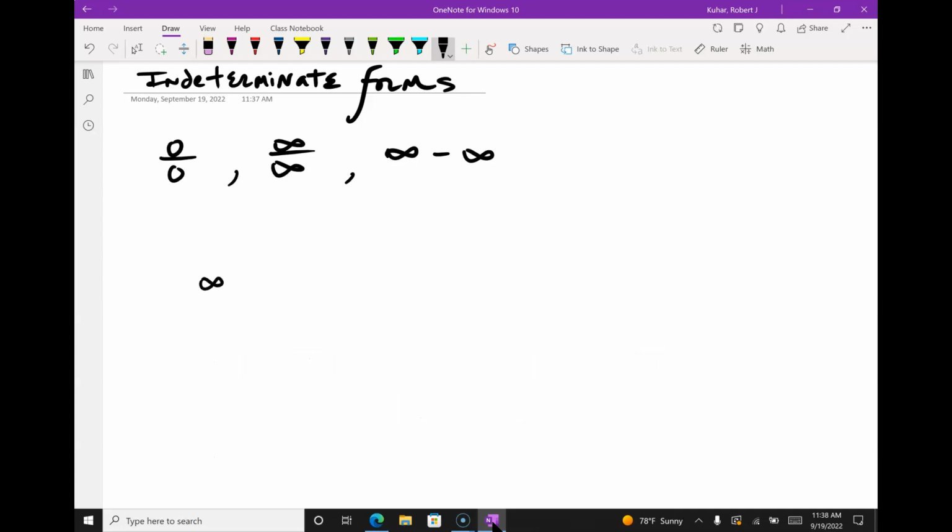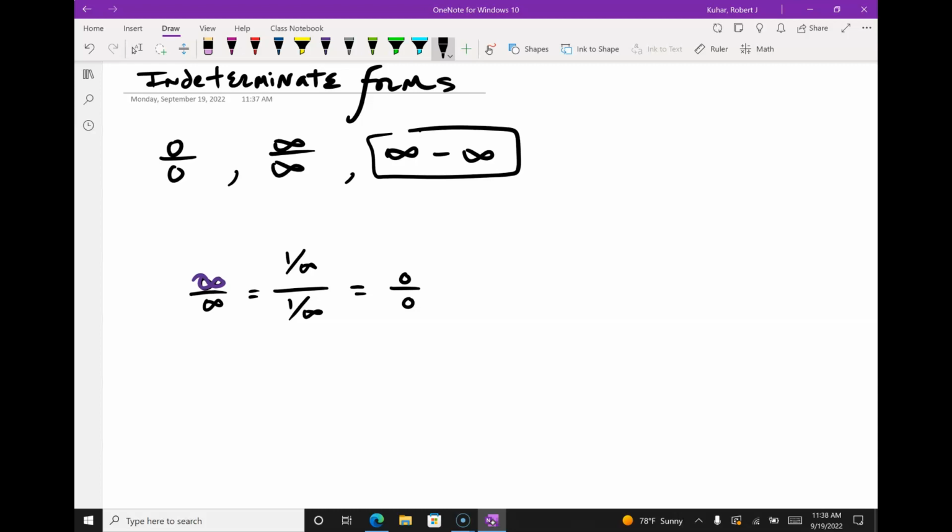So if I do infinity over infinity, and let's take the top one to be purple, and I'm going to put that downstairs. That becomes a 1 over infinity. Right, when I move something from the numerator to the denominator, it's got to become a reciprocal. And so the downstairs one moves up. That's 1 over infinity, and of course that's 0 over 0, right? So they're the same.